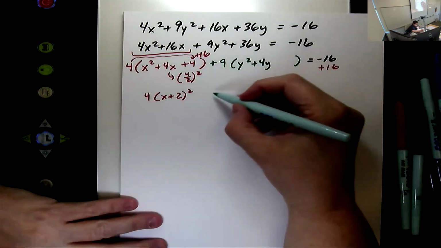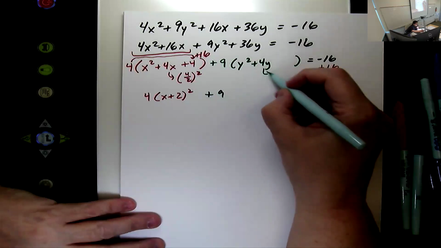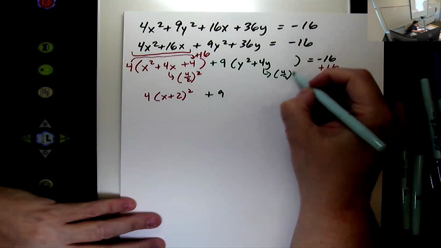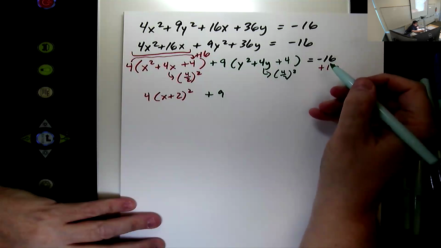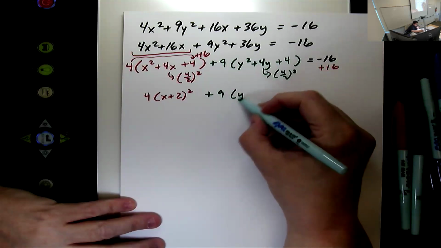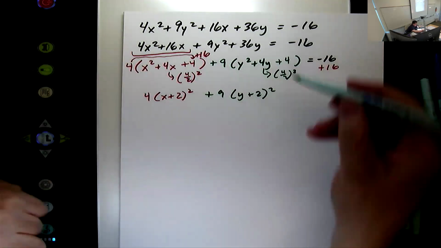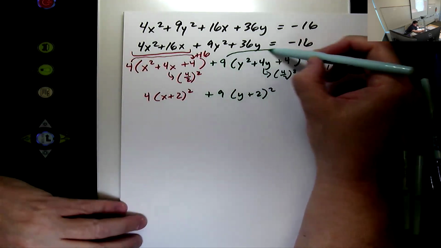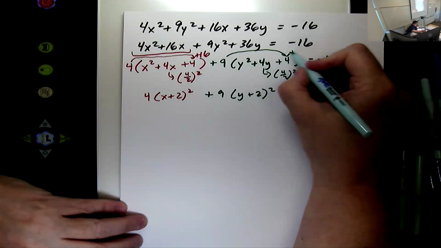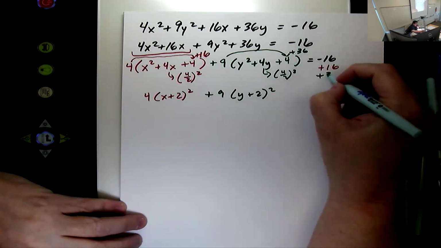We'll do the same thing here. 4 divided by 2 squared is 4, that's what goes in there. I have added 9 times 4, which is 36, so that's what I'm going to add on the right side.